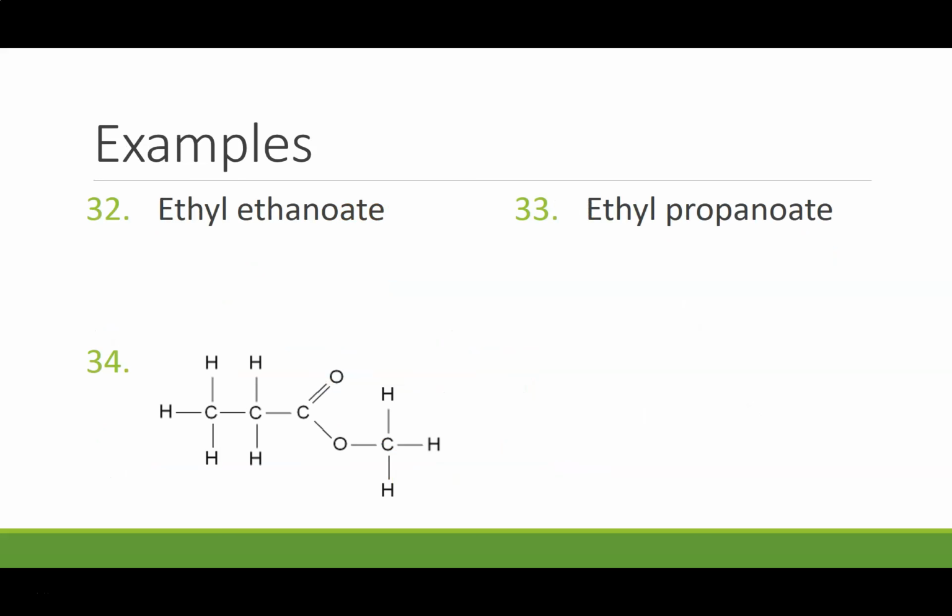Let's look at number 32 to 34 in the guided practice packet. Number 32, we are supposed to draw ethyl ethanoate. Eth means two carbons, so we'll draw two carbons, then put in the ester group, and then draw in another hydrocarbon chain with two carbons.